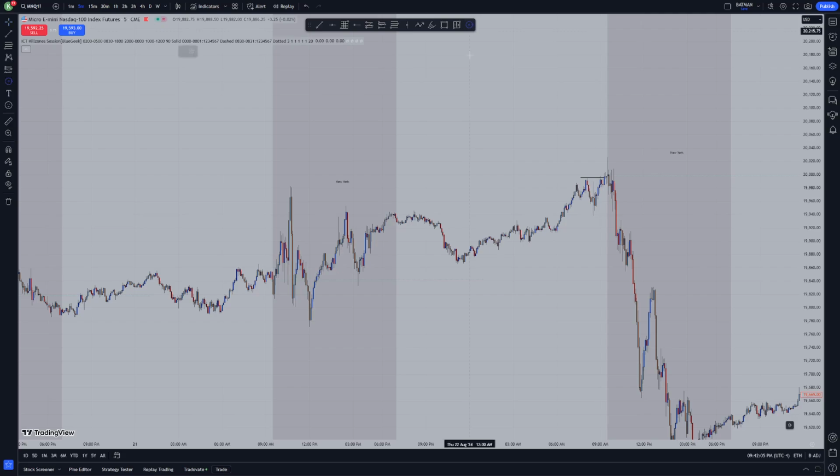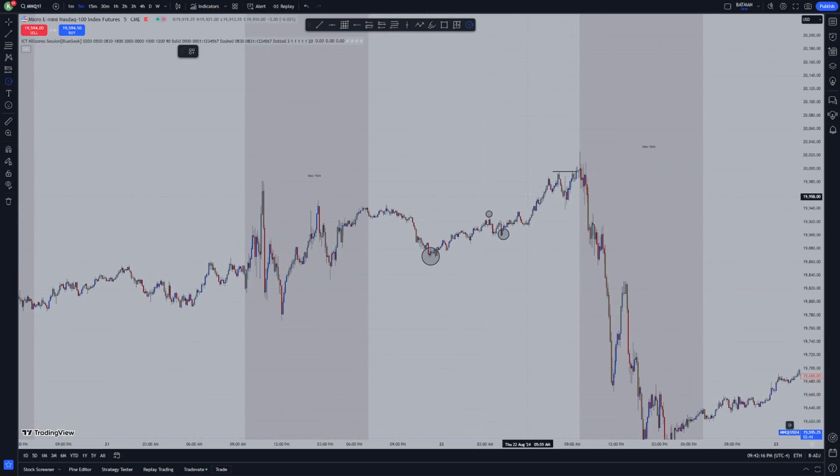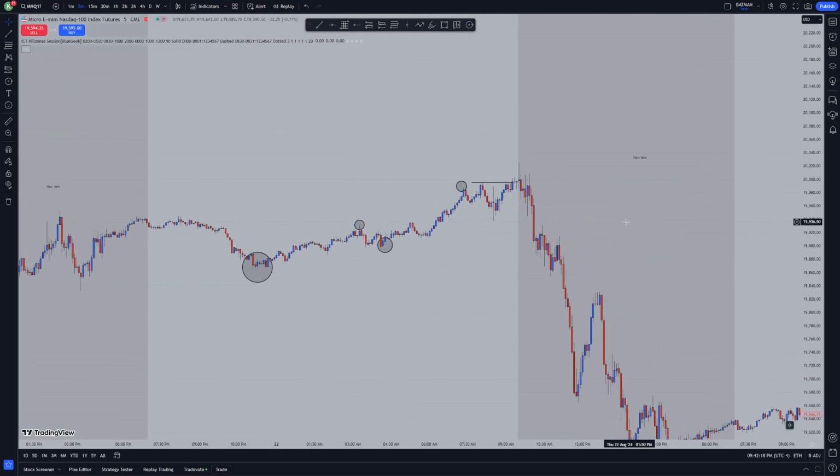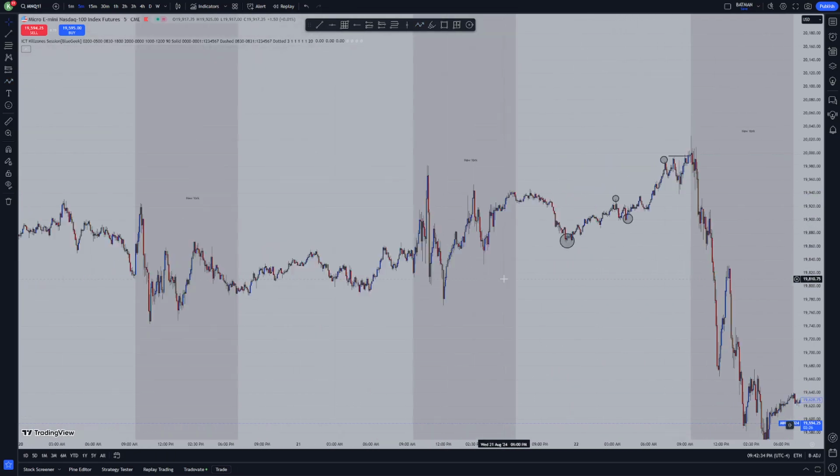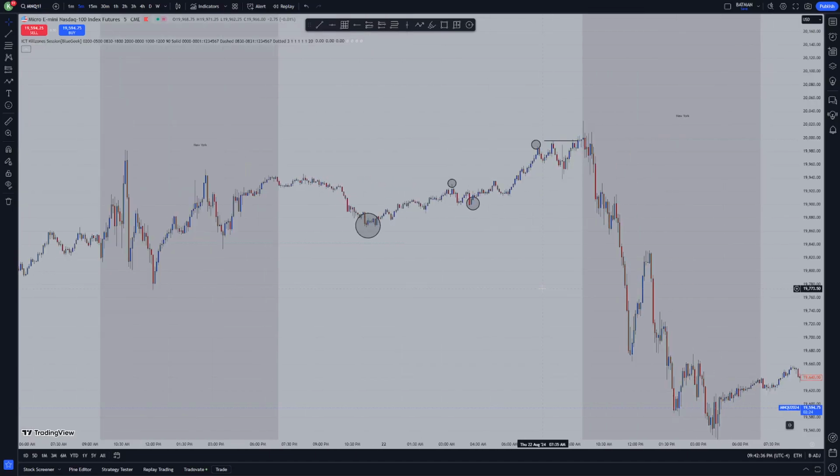So let's say higher high, higher low, higher high, higher low, higher high, our session comes in. Where can we see liquidity? All of this is liquidity right here. Pretty much your higher highs and higher lows are liquidity, you know?